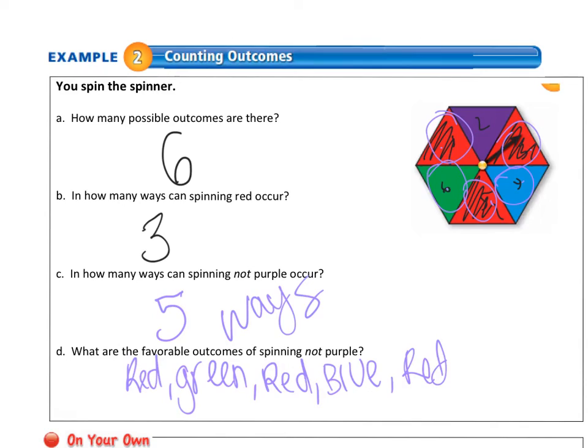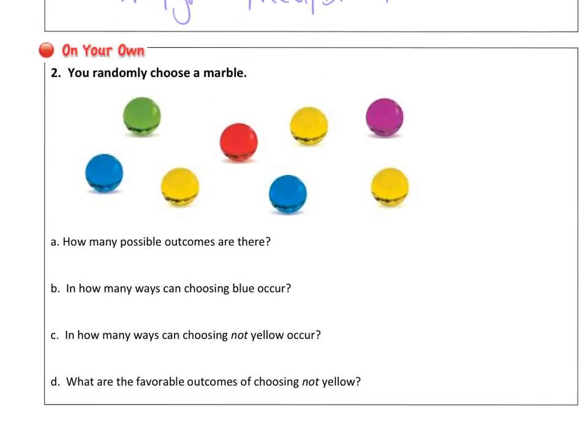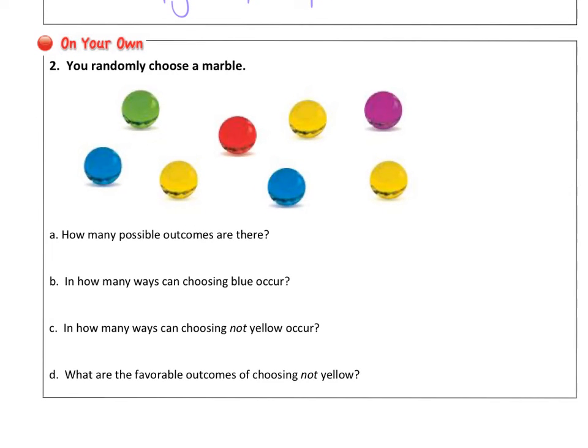Okay, so we have another on your own, talking about marbles this time. Why don't you pause the video now and please try this on your own. Okay, so hopefully you tried this on your own. The first question asks, how many possible outcomes are there? You just have to count up all the different marbles.